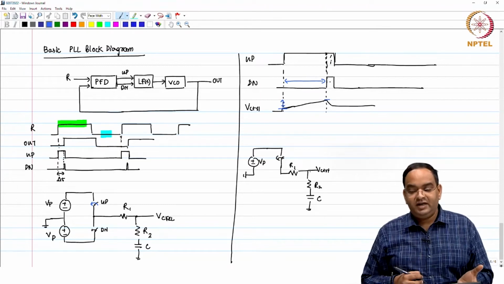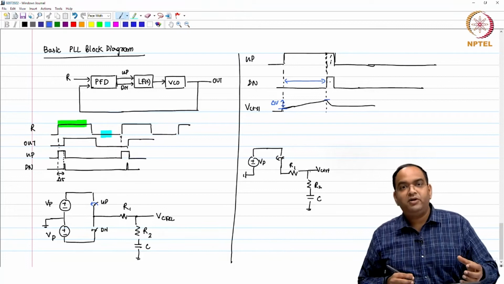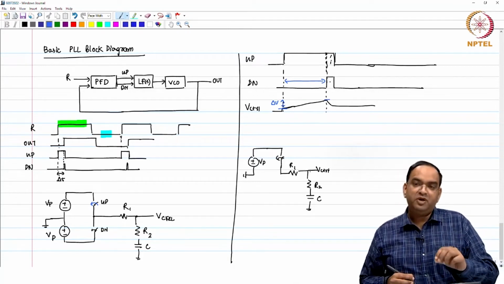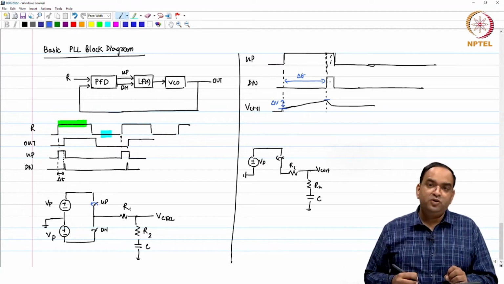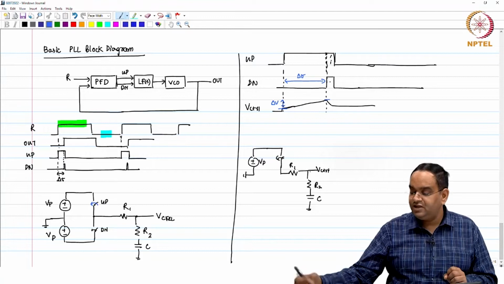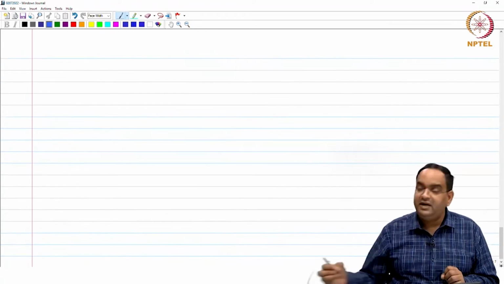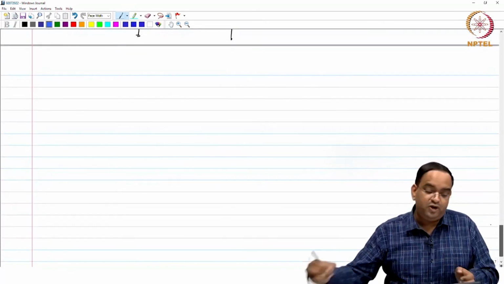So, effectively I am not writing this delta V here in the equation, this delta V is going to be proportional to the time delta t, the phase error which you have. Okay. So, this is like a voltage based implementation for the phase error to the control voltage.